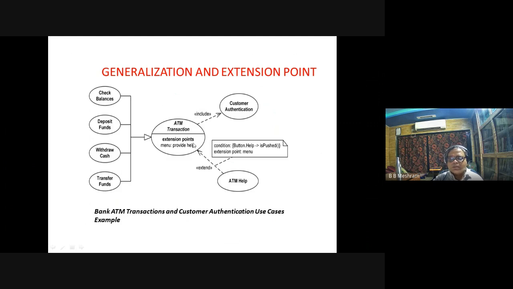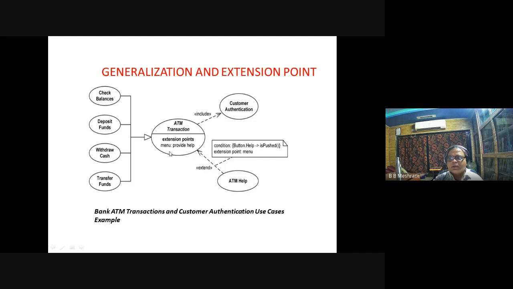So this base use case is there. This base use case can extend to ATM help under the condition that button help is pushed, then extension point can be menu. So extension points are represented by this notation.